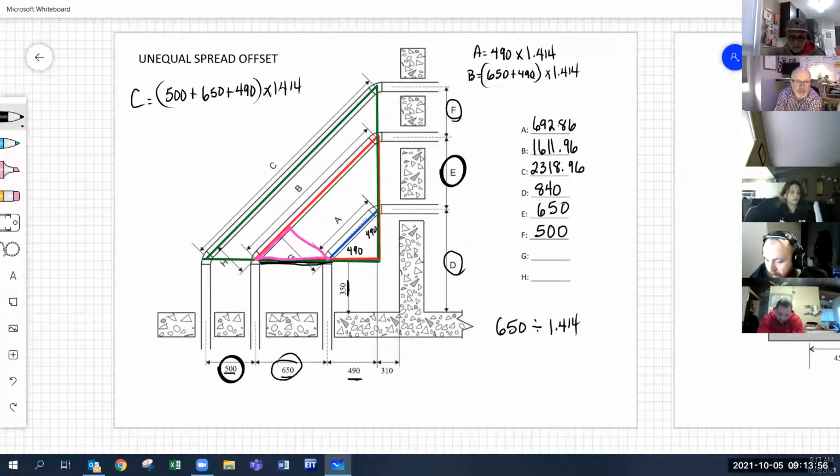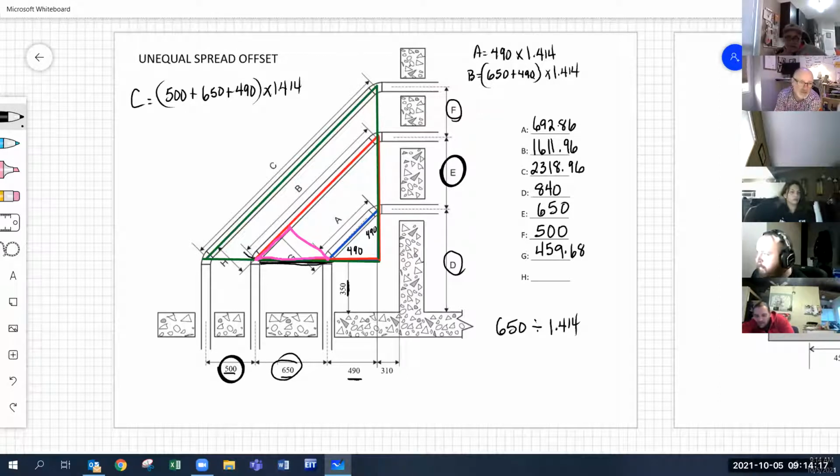So I will divide to get the run. So G is 459, sorry, 0.68.